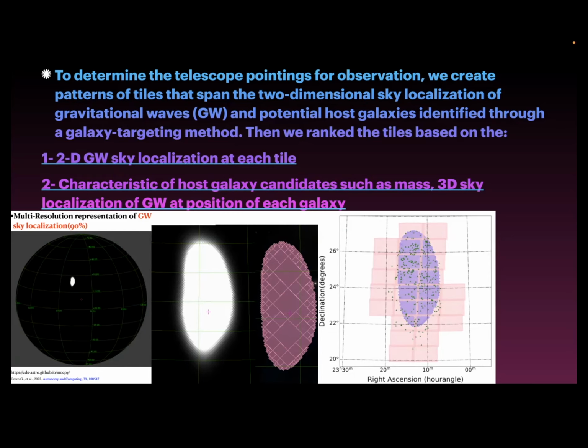So as you can see here, the tiling covers this area. And now we rank the tiles based on the 2D sky localization of the gravitational wave and based on the characteristics of the host galaxy candidates. So we determine which tiles are important for us, and which tiles we start the observation with.